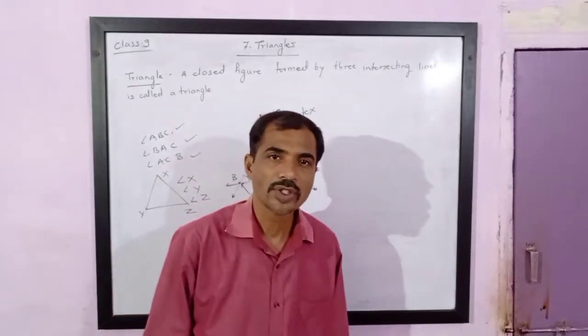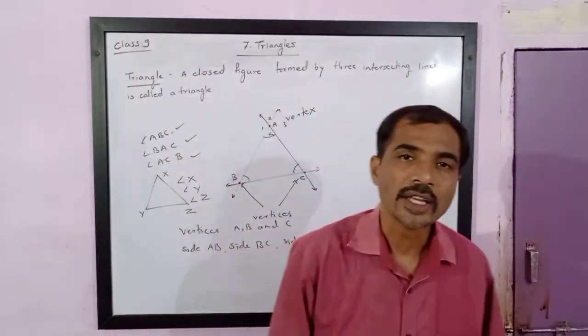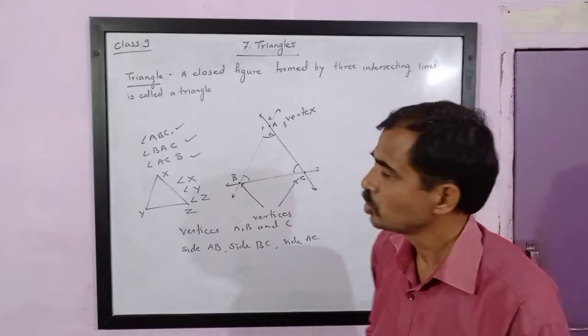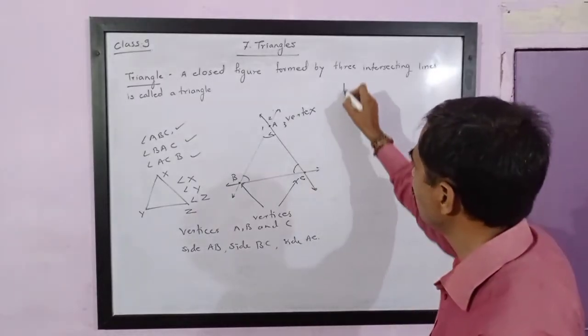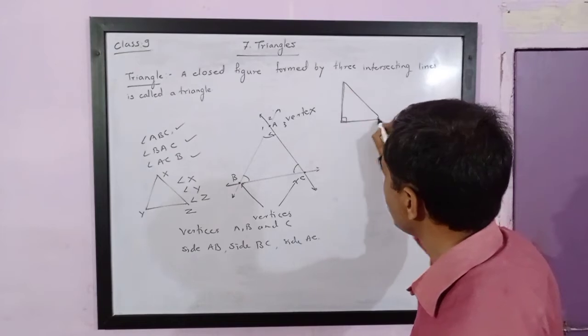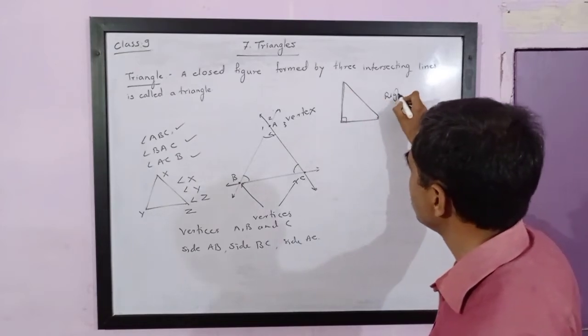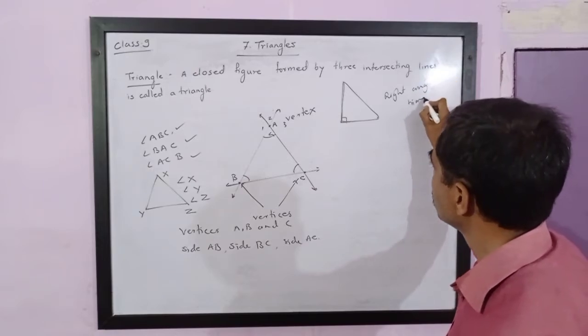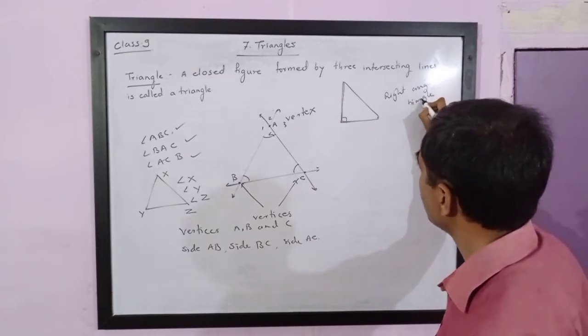Dear friends, we have also studied the types of angles depending upon their measurement. So if one of the angles of a triangle is a right angle, that is 90 degrees, then we call such triangles a right angled triangle.